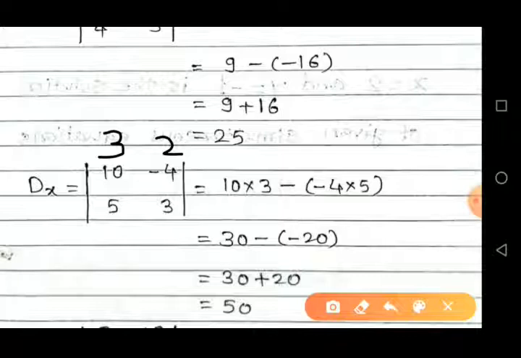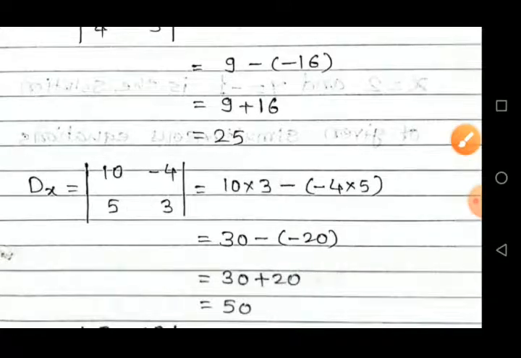First of all, write down the product of the numbers on the principal diagonal, 10 into 3, minus, in bracket, the numbers on the second diagonal, that means minus 4 and 5. 10 into 3 means 30, minus as it is, the product of the numbers in the bracket is minus 20. 30 minus into minus plus 20. 30 plus 20 means it is 50.